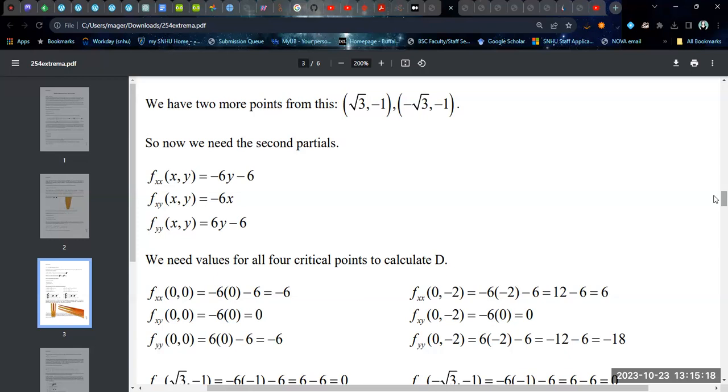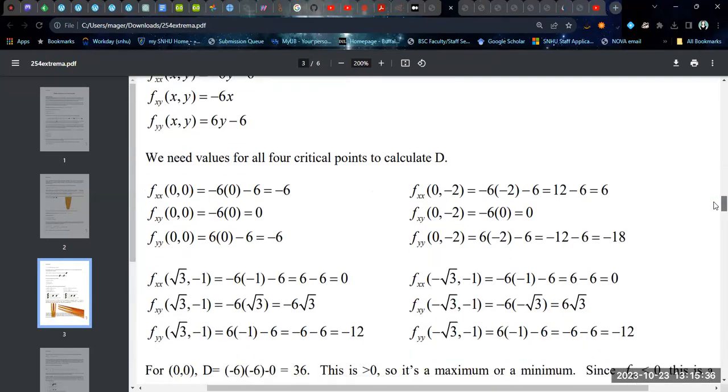What I would recommend is that you find the values for each of the critical points and then calculate your D. You can, of course, come up with a general formula, but in this case we would have some multiplying going along, and that would be the foiling, and the algebra would be a little messier than just working with constants.